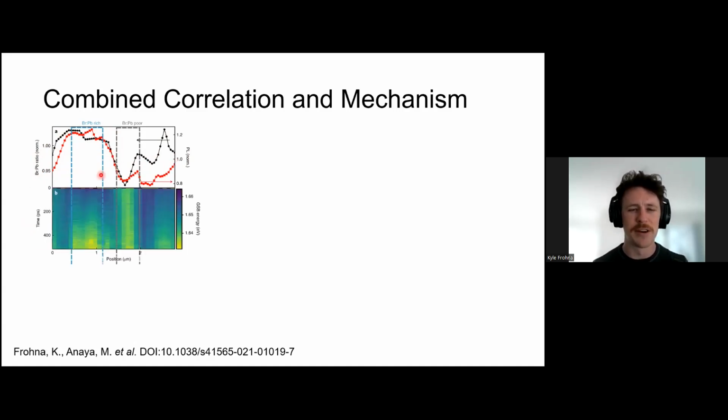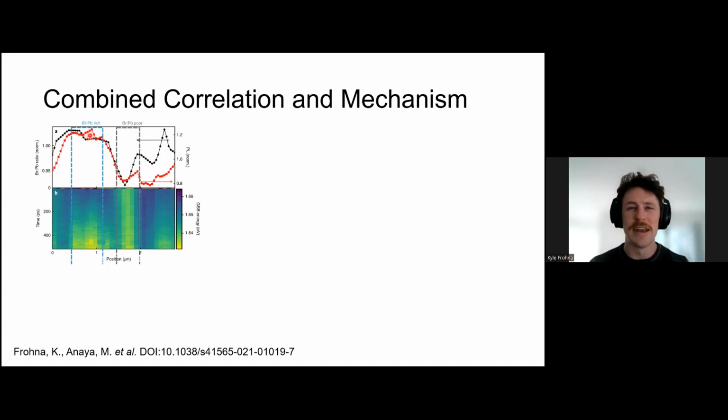When we look at the transient absorption data, this is the ground state bleach energy, so it's the average energy of the excited state carriers. This is, again, as a function of position. The y-axis is time, and the color scale is the energy, so dark colors are high energy. We see that the bromine to lead rich areas start at high energy, which we would expect, and the bromine poor areas start at low energy, which we would expect.